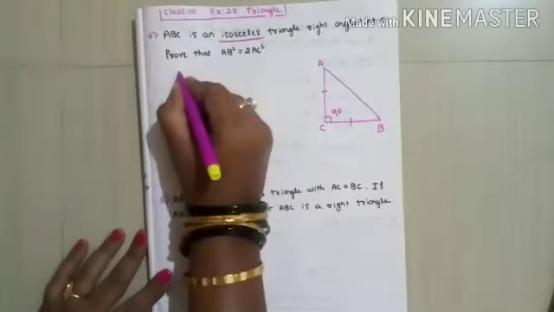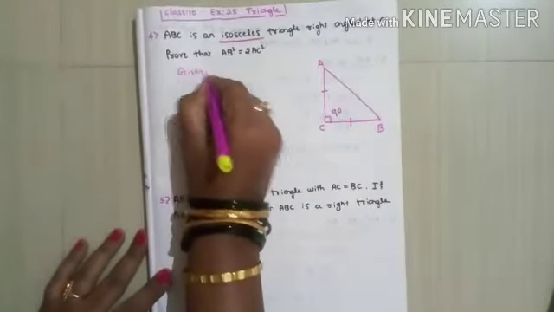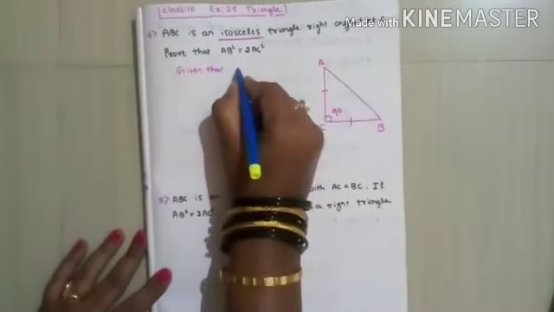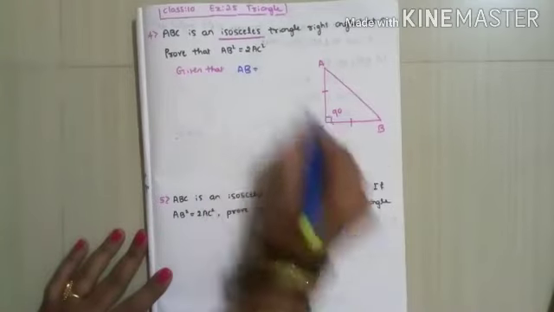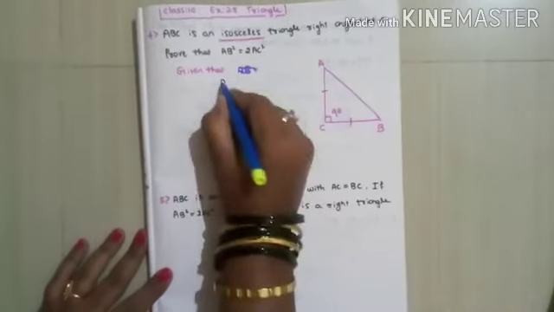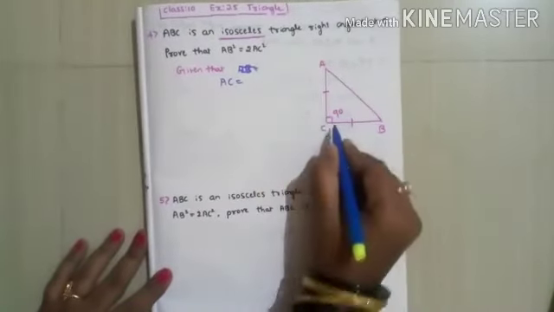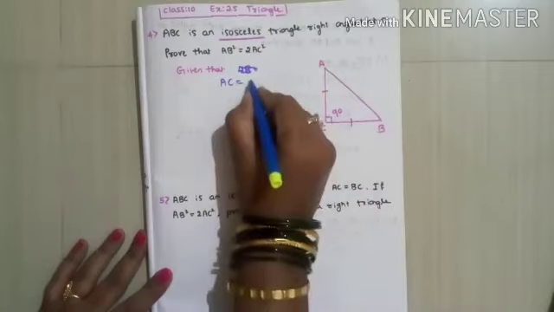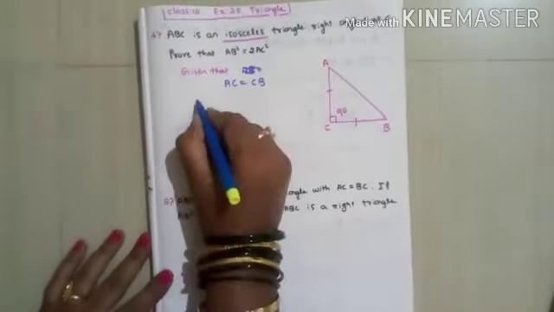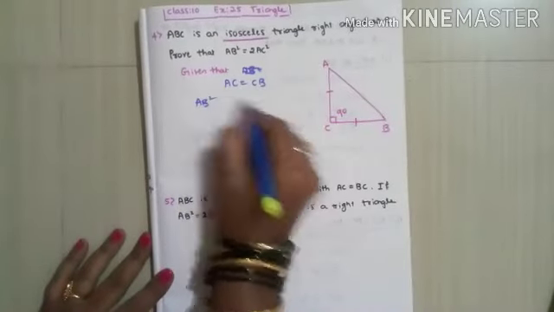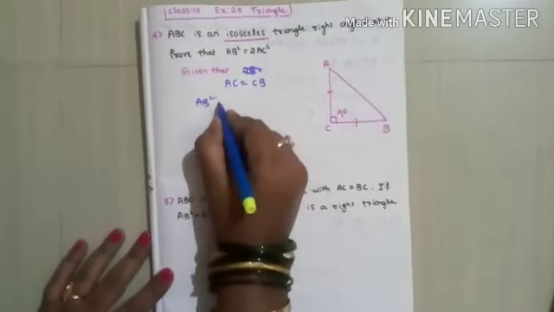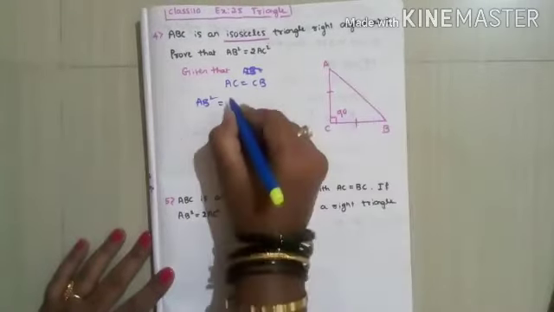So given that AC is equal to CB. Now this is a right angle triangle, so we have to apply Pythagoras theorem. Pythagoras theorem: square of the hypotenuse is equal to the sum of the squares of the other two sides.